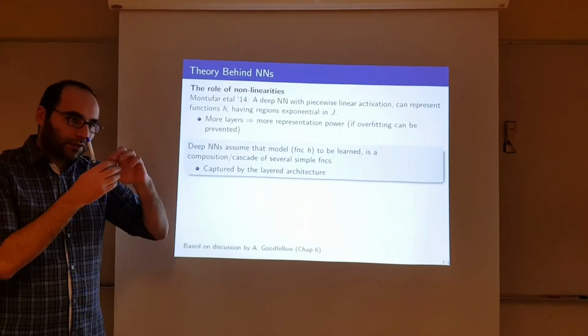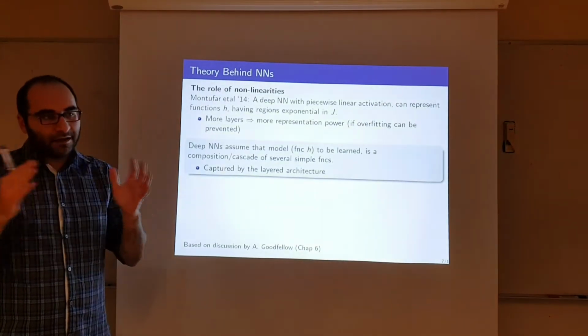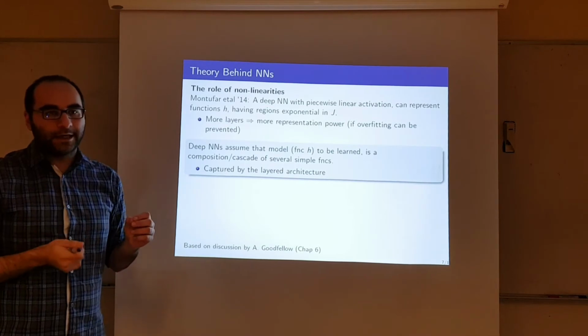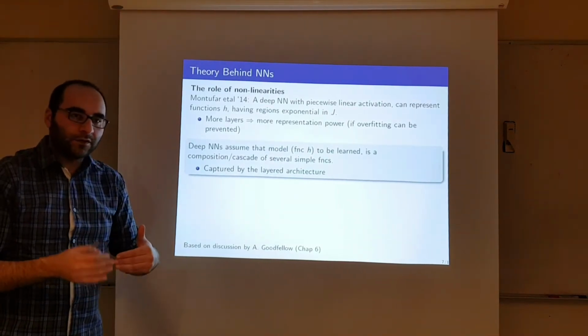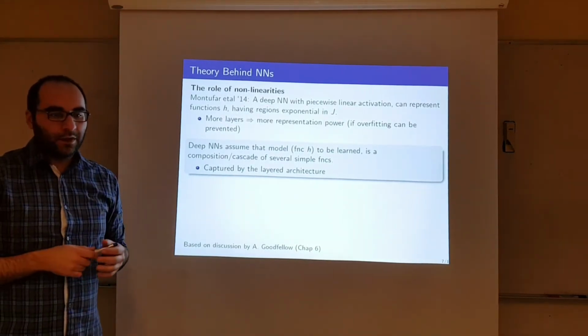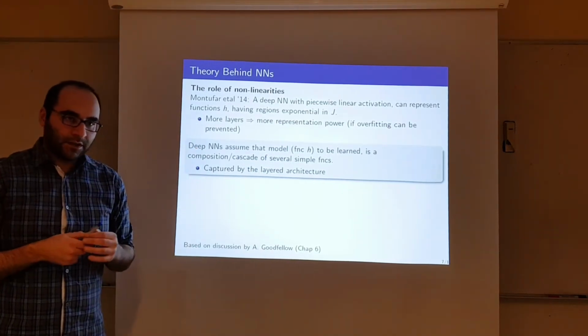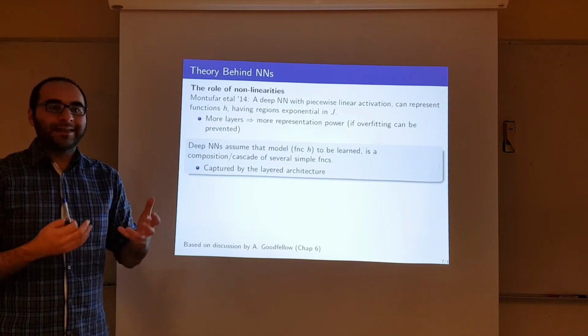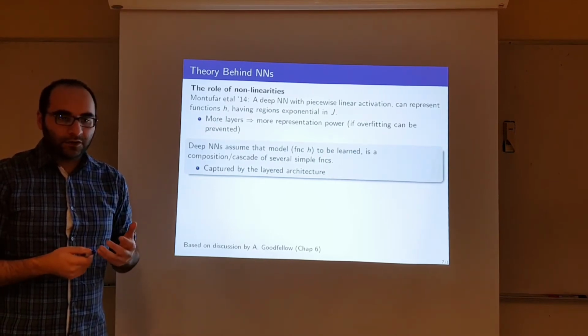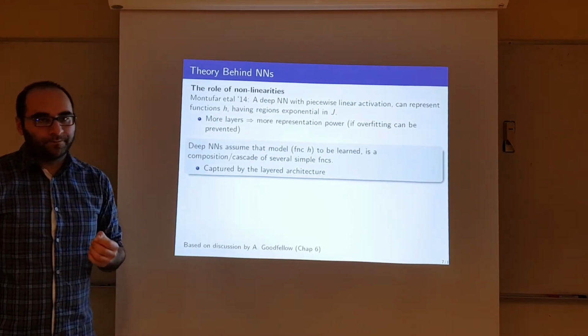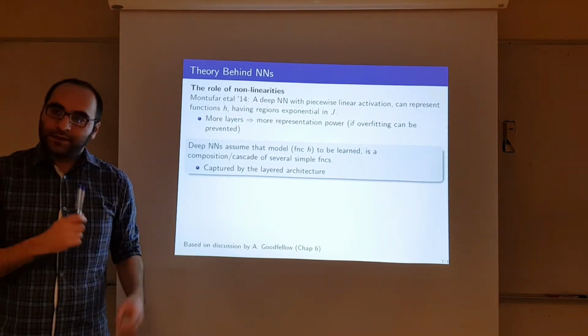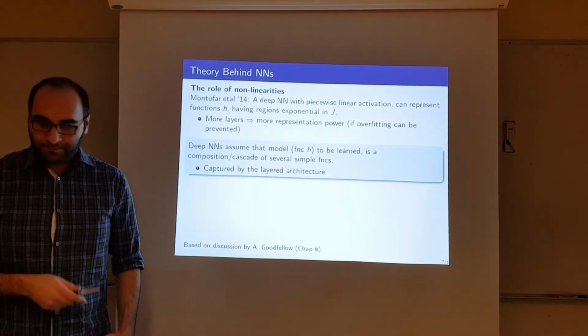So this function h, you assume that it's a composition of several functions where each function is simple. And this is what you try to do by having this cascade of filters. So we assume that your function is a cascade of linear filters, plus this activation function. So this is kind of an implicit assumption that the model that you're trying to learn has that structure or has that feature. I thought that this was a nice insight to mention.